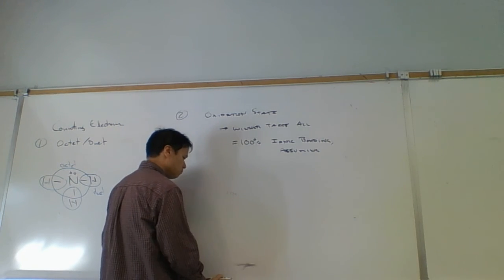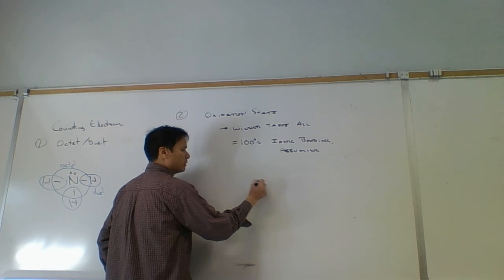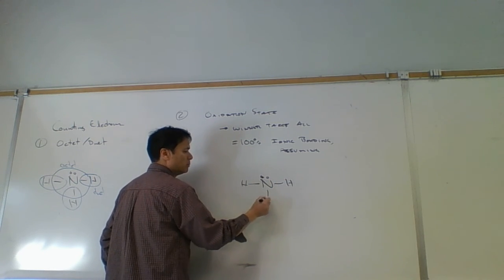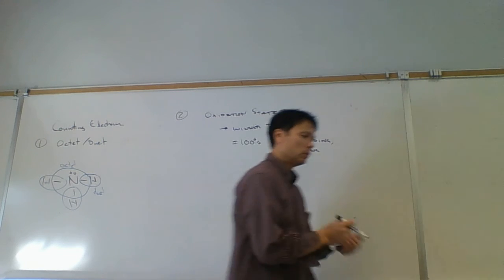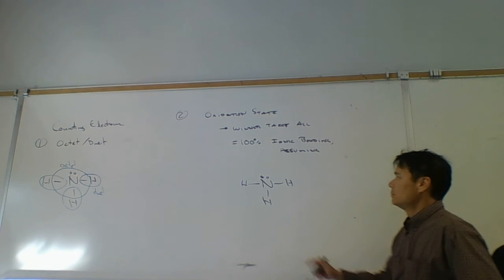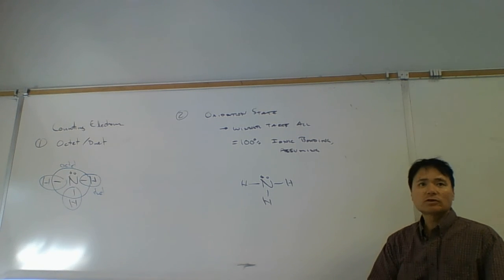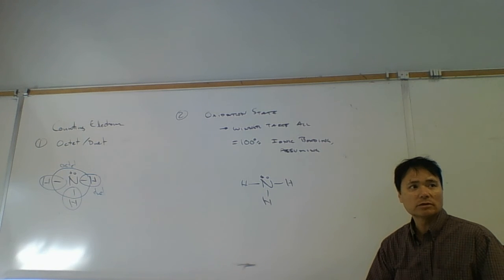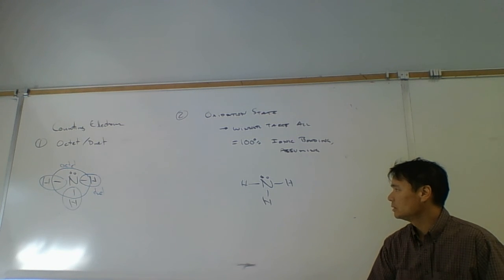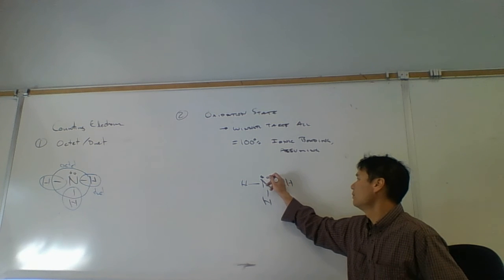And so let's take a look at ammonia. Who's the winner? The winner is going to be the more electronegative, the one that's going to pull harder. And so in this case, the winner is going to be nitrogen or hydrogen. Which one is more electronegative? Nitrogen or hydrogen? Nitrogen. Nitrogen has an electronegativity of 3.4, hydrogen is 2.2. And so nitrogen wins all the electrons.